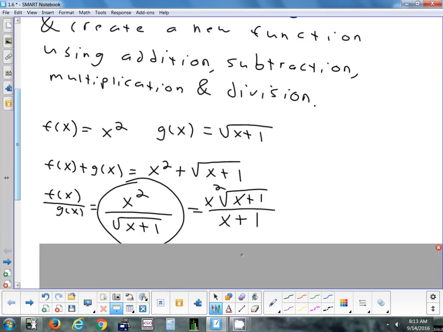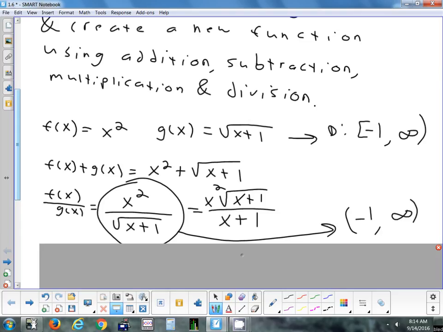What's the domain now? You can use 0 and on, but I would also argue you could use -0.5, -0.6. So from -1, not including it, up to infinity. The domain on this one would be -1 to infinity, but on this one, it would be from -1, not including it, to infinity.